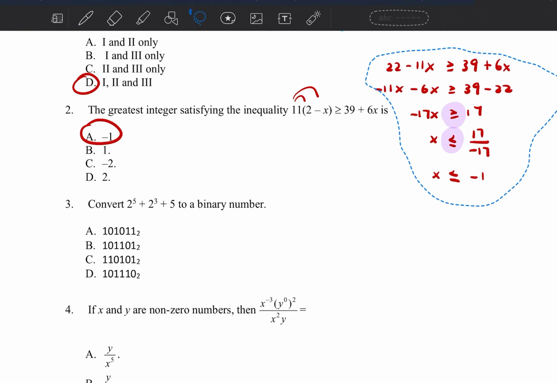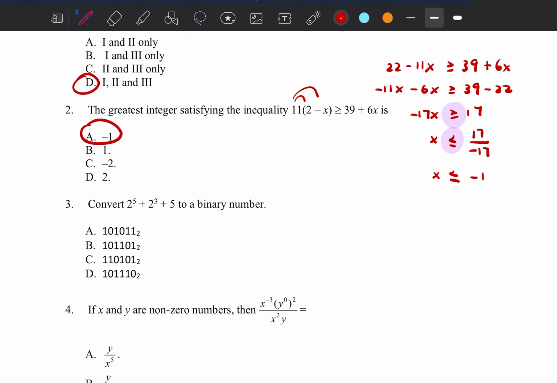So convert this to the binary number. Binary number is numbers with 1 and 0 only, and it is related to 2 to the power of something. So all you have to do is list them out.